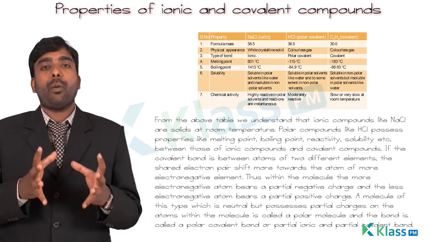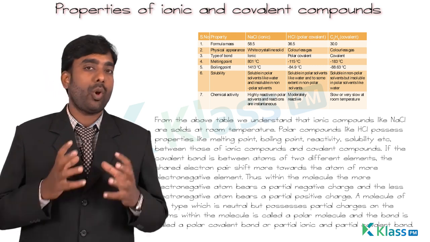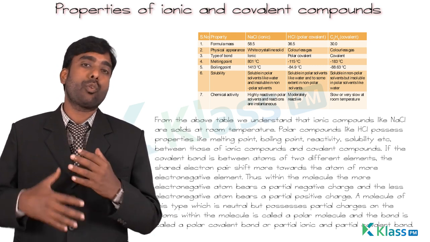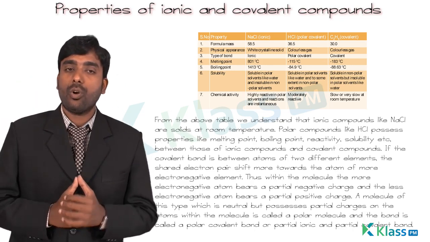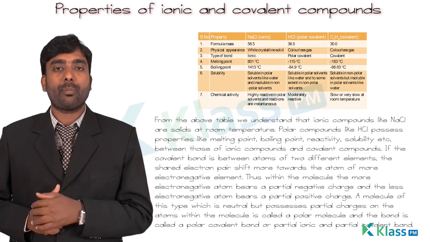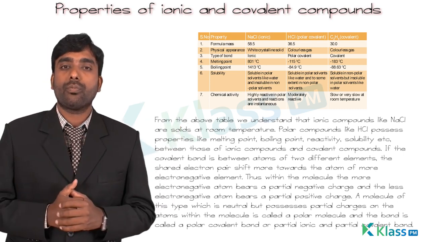Another one: ionic compounds are soluble only in polar solvents. A polar solvent is one which produces ions, because ionic compounds also produce ions. So like dissolves in like, meaning the same type of solutes dissolve in the same type of solvents.